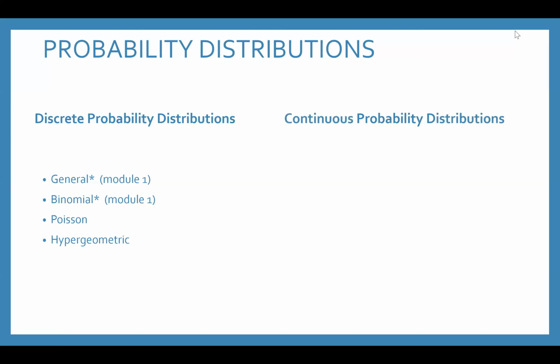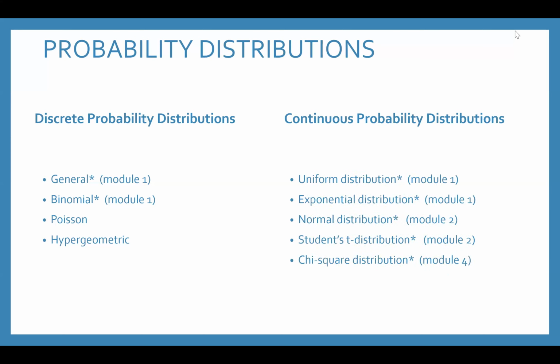We also will talk about continuous probability distributions. And again, you can take an entire course on continuous probability distributions. And there are a variety of those that we're going to talk about even throughout the rest of the course.